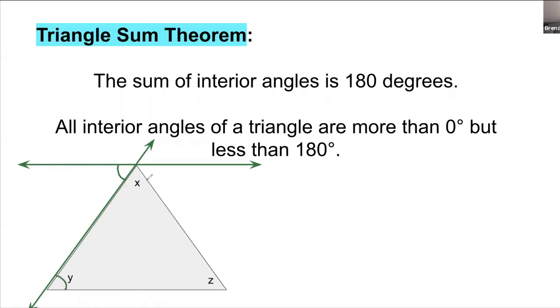And if we create another line, our transversal, that goes through the side where our angles x and z are, we were able to see that z is also present there as well.